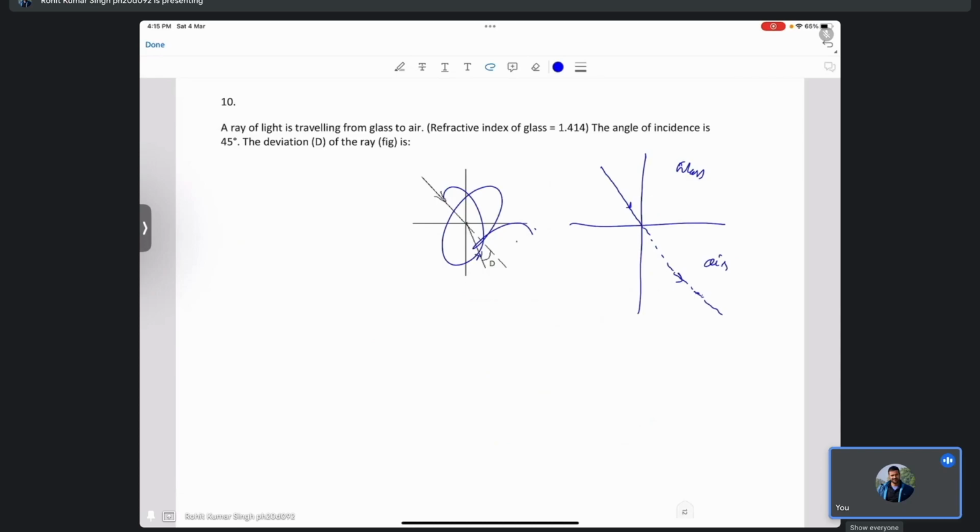But since the medium is changing and it's air, which is rarer than the glass medium, it will bend away from the normal, something like this. And we want to calculate this angle of deviation, D. Its refractive index is given, mu of G is 1.414. Here we have mu 1.